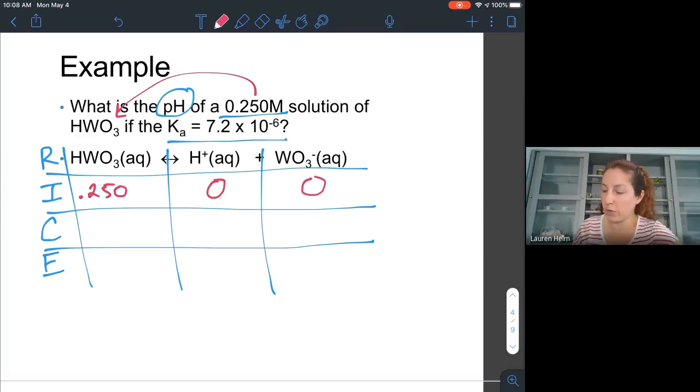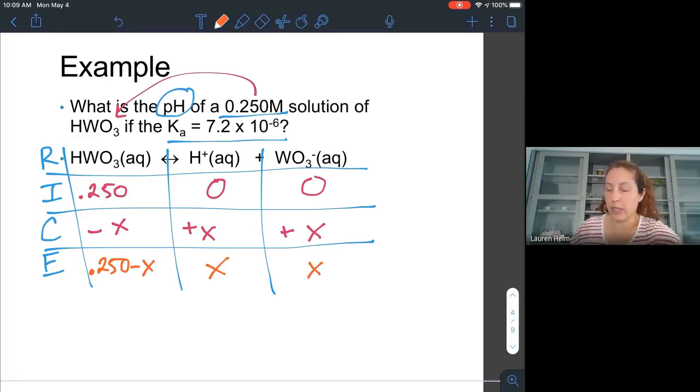Our change, we're going to lose concentration of the acid, and we're going to gain hydrogen ions and anions, and we'll call those X. So then at equilibrium, our concentration of HWO3 is going to be 0.250 minus X. Our hydrogen ion concentration will be X, and our anion concentration will be X.